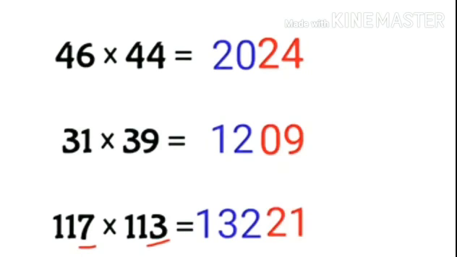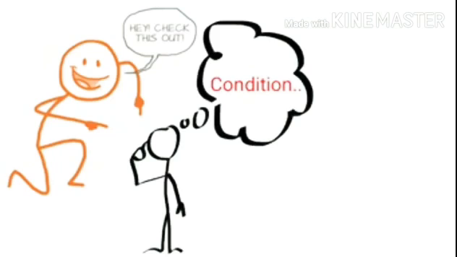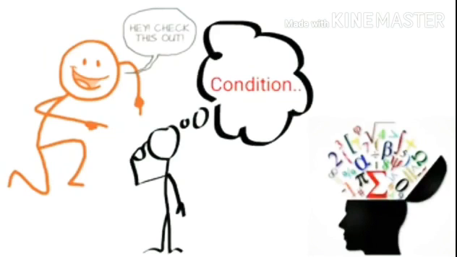So 21 is the answer. The actual answer is the product of 117 multiplied by 113, which is 13,221.